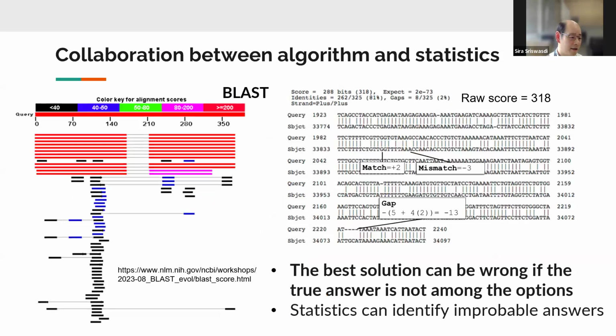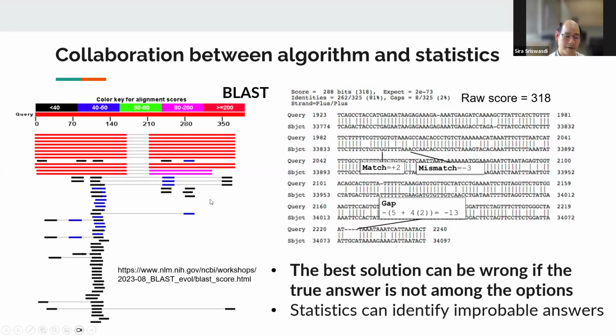Okay, so we have seen statistics, right? And it's important in how we distinguish between data and the pattern in the data, which one is significant. We have seen algorithms that allow us to identify patterns, like DNA binding motifs, or when we do sequence alignment with BLAST, we need some algorithm that says this sequence is similar to my input, and this sequence is not similar to my input.